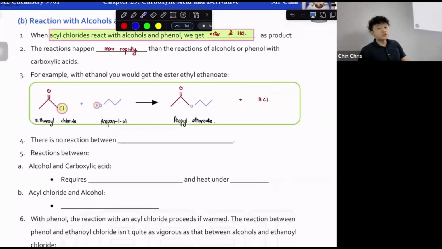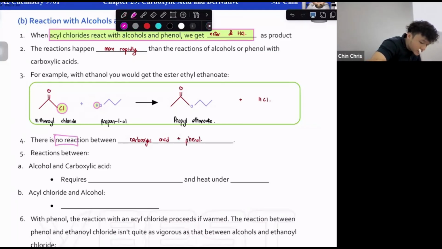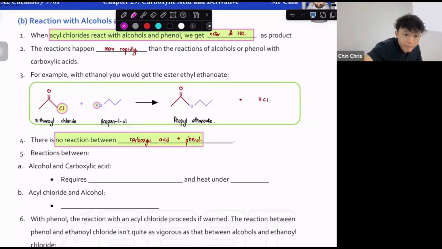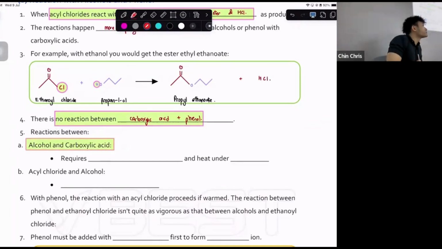Alright, guys, next. If you use a carboxylic acid and a phenol, no reaction. Highlight the word: no reaction between carboxylic acid and phenol. Still remember in your AS, if you want to make an ester from carboxylic acid and alcohol, you need something.